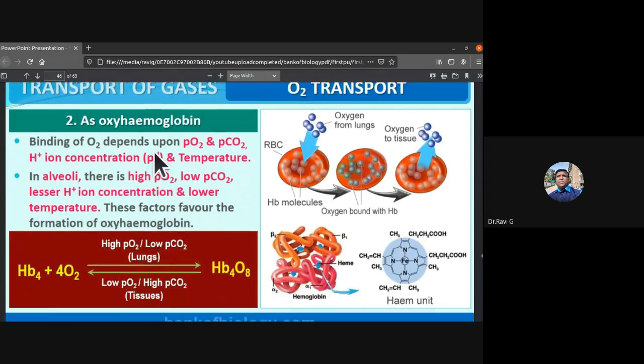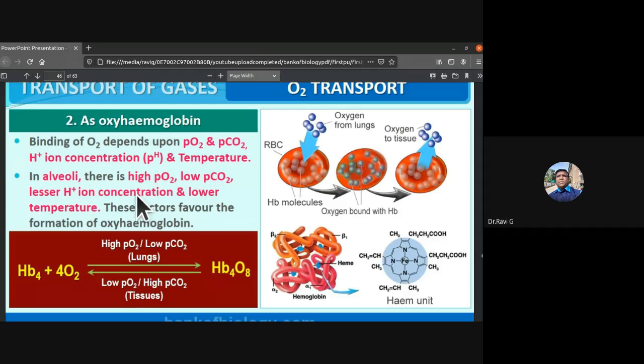Binding of oxygen depends upon the partial pressure of oxygen, partial pressure of carbon dioxide, hydrogen ion concentration, and temperature. All these factors play an important role in binding of oxygen to hemoglobin. If there is high partial pressure of oxygen and low partial pressure of carbon dioxide, they are going to combine.